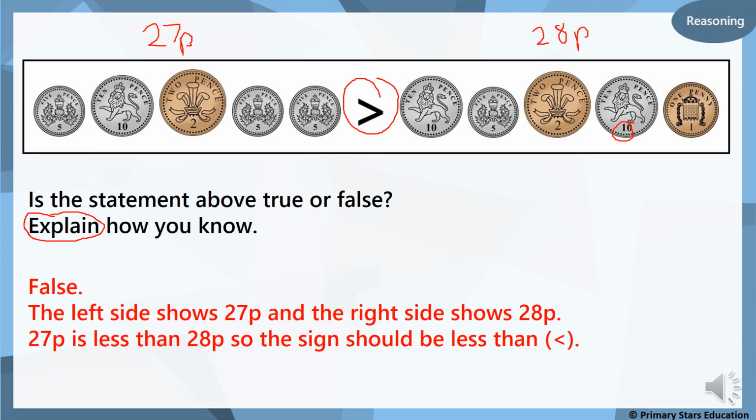So it is false, and the left side is showing 27p and the right side shows 28p. We've got that 27p is less than 28, so the sign should be less than.